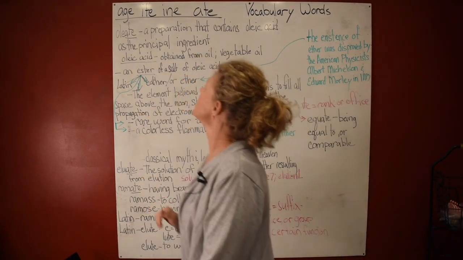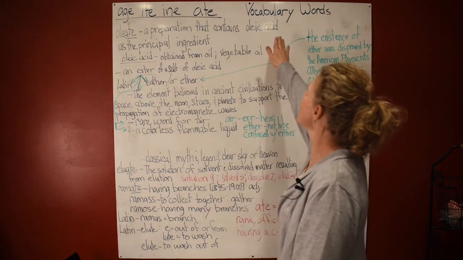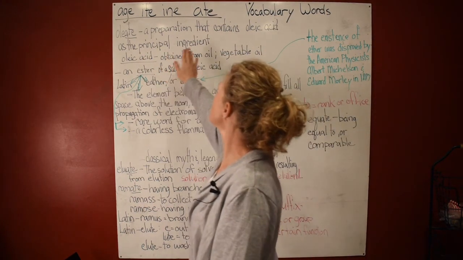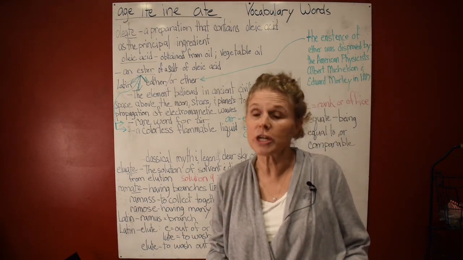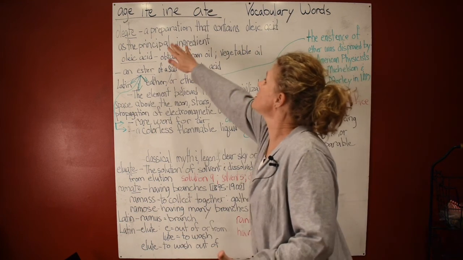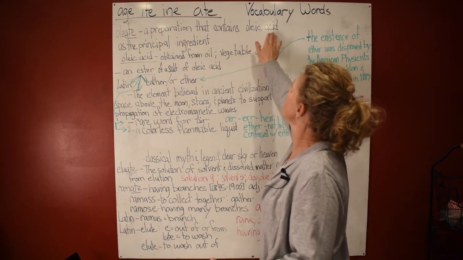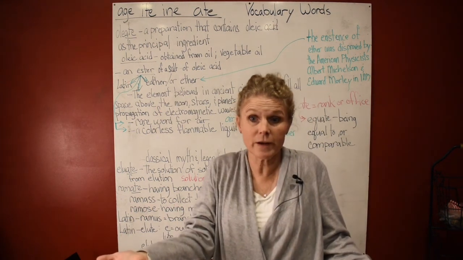So oleate: a preparation that contains oleic acid as the principal ingredient. Trying to understand that definition, well, this is pretty easy, but what is oleic acid? Have I ever heard of it? Have you guys ever heard of it?